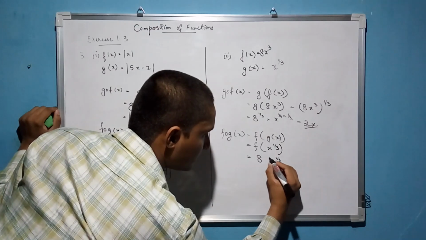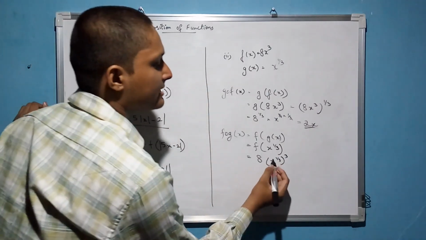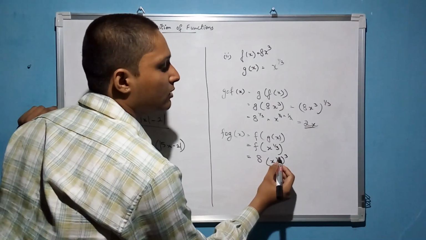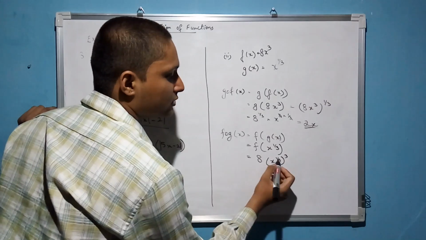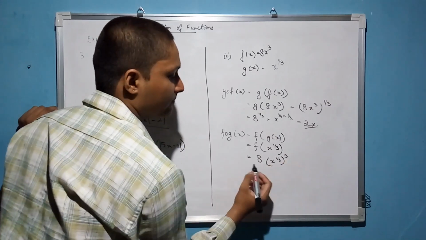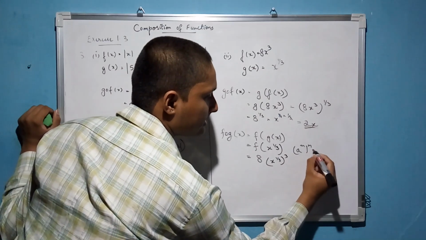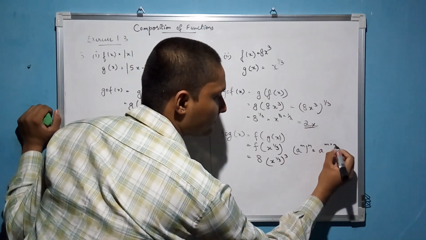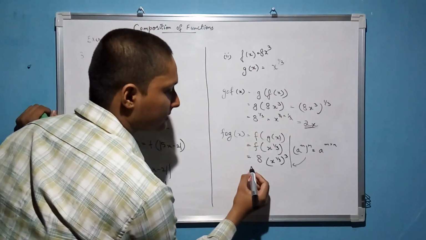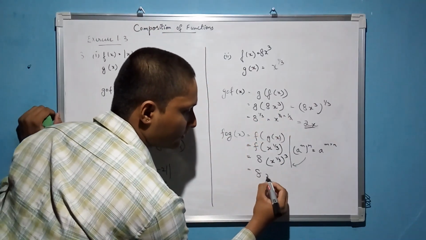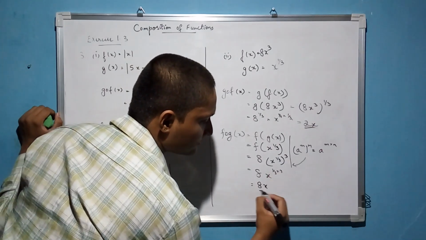So x power 1 by 3 whole cube. Right? So a raised to m whole raised to n is equal to a raised to m into n. That's what I'm going to use here, and I also used it already earlier. So that comes to be 8 into x power 1 by 3 into 3, or 8x.